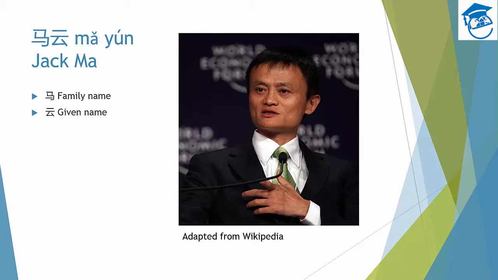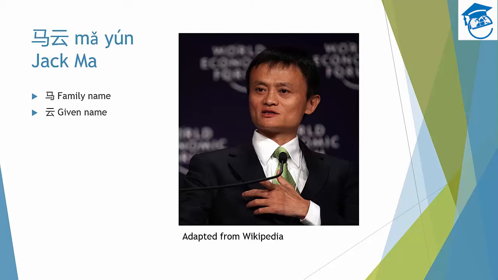If you still remember, Ma means horse. It is quite common for a family name to have meaning in itself. It's also possible that your name is a type of fruit, and for Jackie Chan, his family name actually means old in some other context.